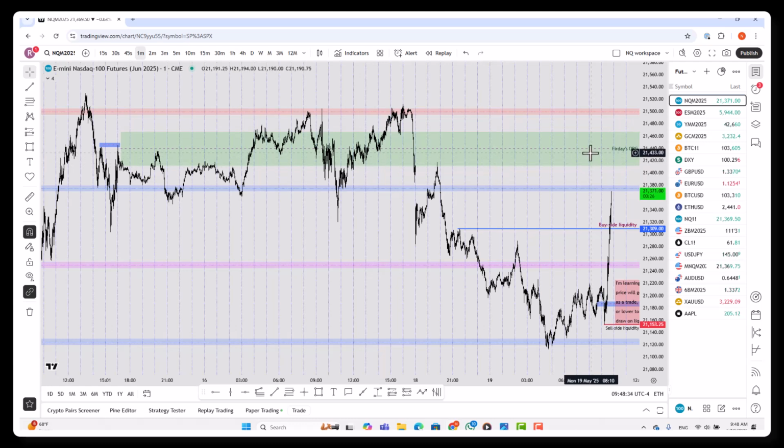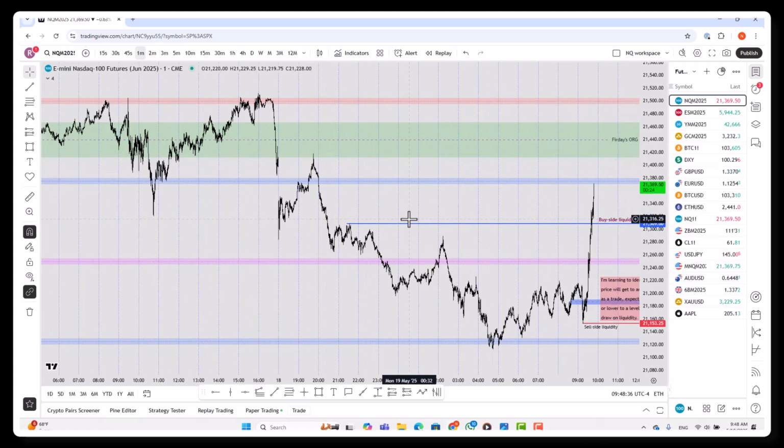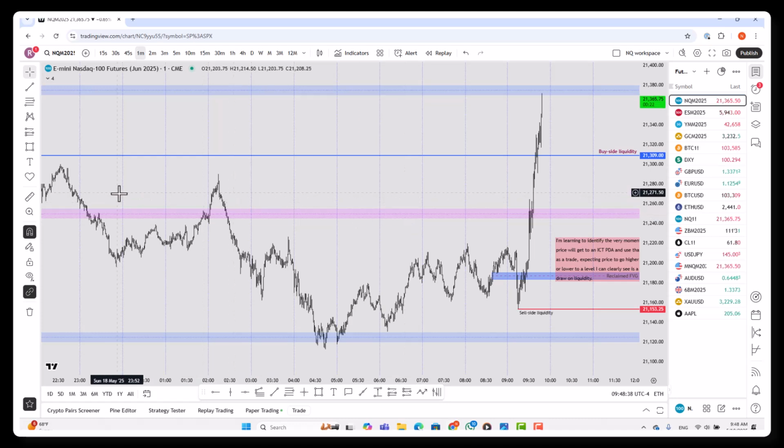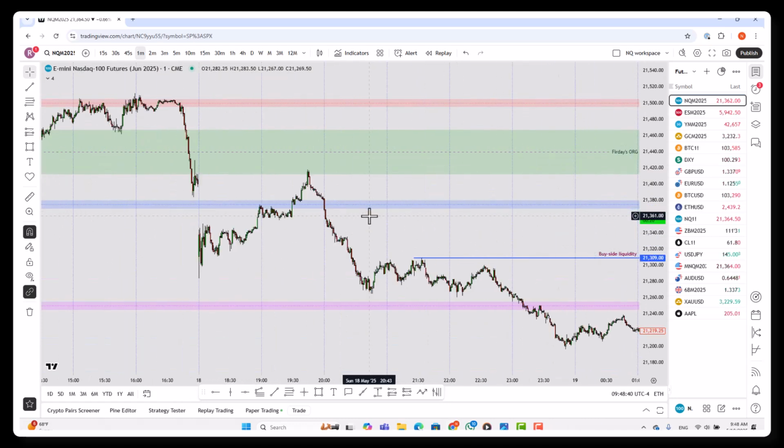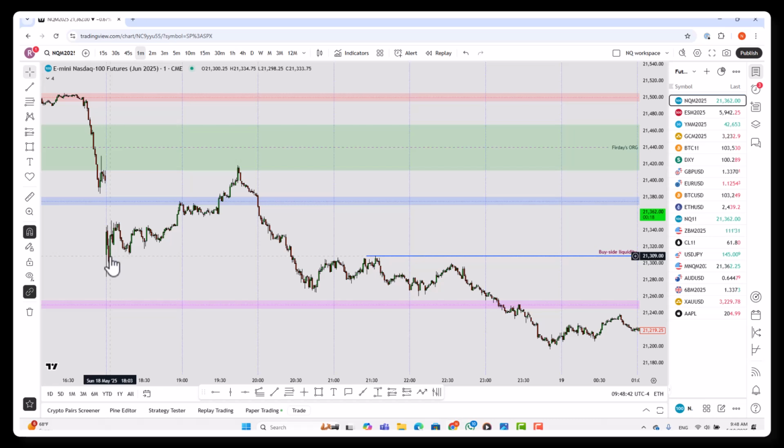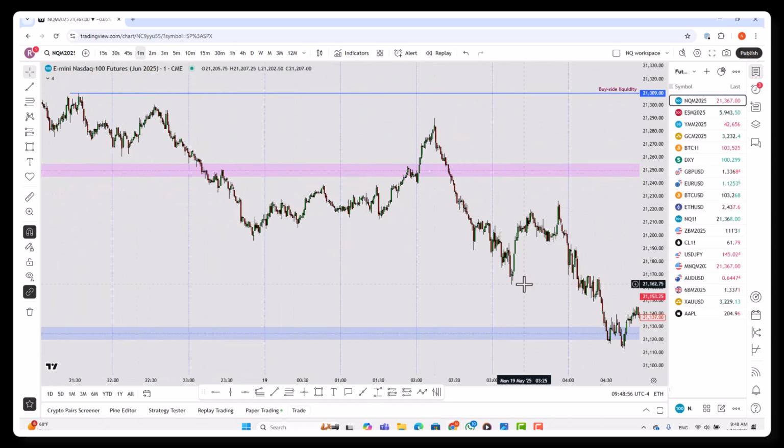That's the draw on liquidity. But also, this is our NWAG. Here is the NWAG, new week opening gap. Here, here. So that we could see something there too.